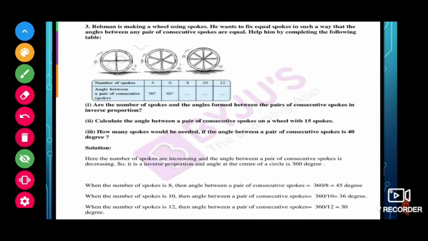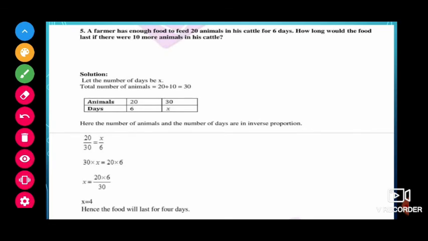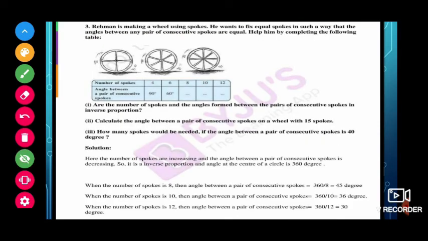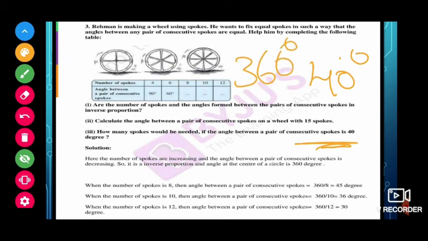Next, how many spokes would be needed if the angle between a pair of consecutive spokes is 40? Now we will see. They have already given that the angle between consecutive spokes is 40. Let's take the number of spokes as n. Then 360 by n is equal to 40.